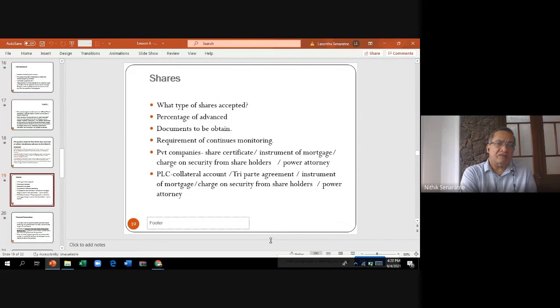Normally, the percentage of advance recommended is around 40% to 50%, because the markets are so volatile, they're changing. Vanikin Corporation came to the market at 100 rupees, but when it crashed, it went to zero, right? So even 40% or 50% is not adequate.